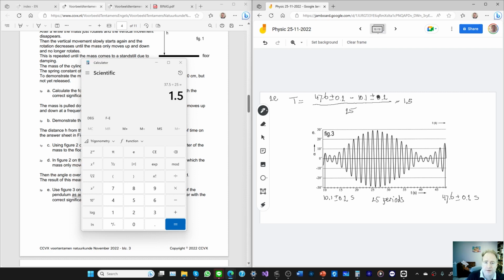Look at 1.5, and let's keep 2 more significant digits, but we'll analyze that. In the worst case scenario, you get plus 0.4 from these two, or minus 0.4, so plus or minus 0.4 seconds, which we have to divide by 25. So you get plus or minus 0.016 seconds. Now, what kind of percentage is this of 1.5?